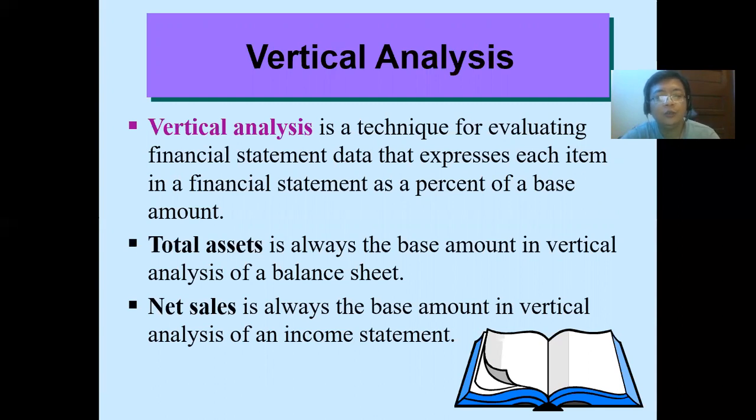So the base amount in your income statement is always your net sales. What do you mean by total assets? That's all your assets. What do you mean by net sales? Sales minus sales discount minus sales returns and allowances.